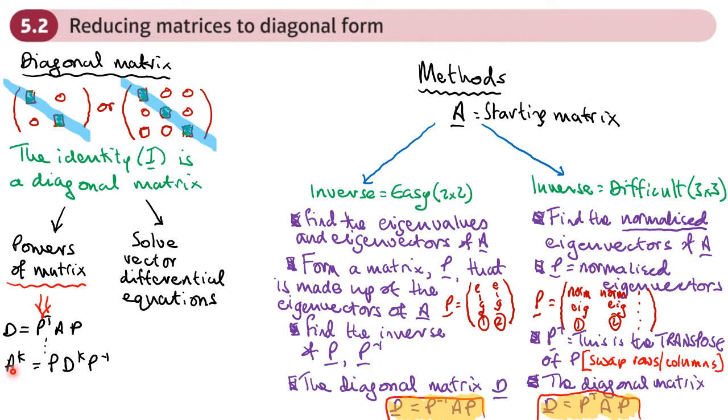So if I want to calculate a matrix to a power, rather than multiply that matrix out many times, I can just apply this result.